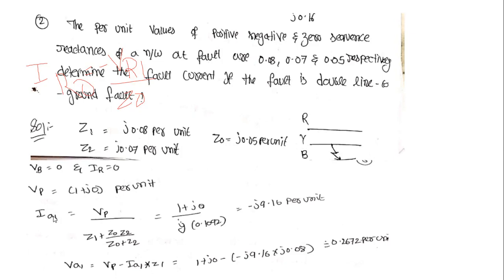This is IR1 or IA1, and this is VR1 or VA1. Therefore, we are calculating VA1 or VR1.